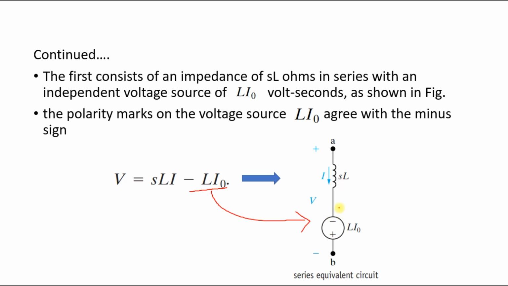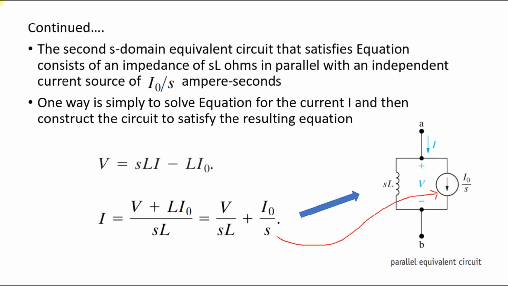Suppose I want to find the value of current, then I use the parallel model. So depending upon the variables I want to find, I use either a series equivalent model or a parallel equivalent model. So depending upon the parameters, we should change the equivalent circuit of an inductor.